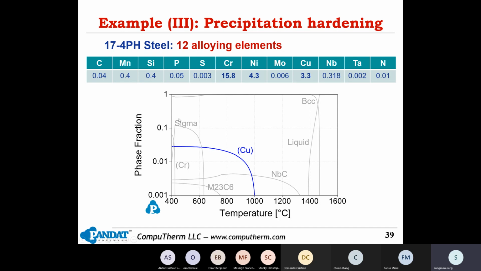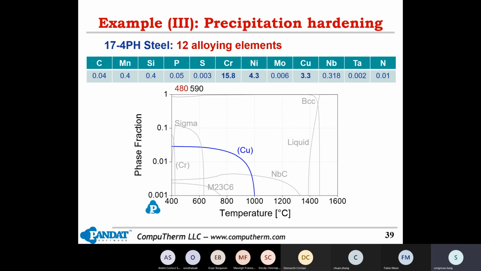For example, especially the sigma phase, even though the equilibrium amount is large, for kinetic reasons it may be difficult to form. So in this example, I will show you our PanPrecipitation to simulate the precipitation of the copper-rich hardening phase in this steel.